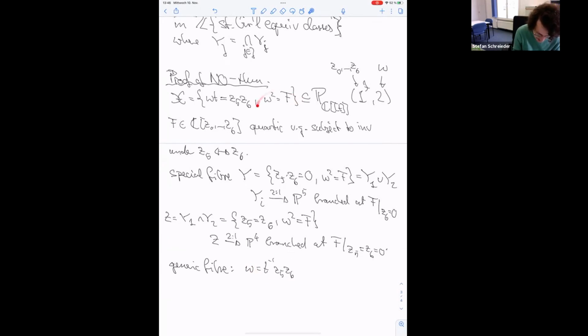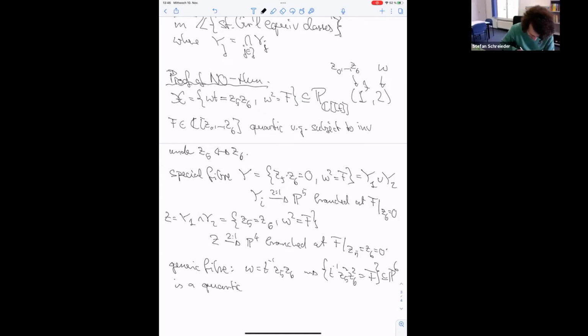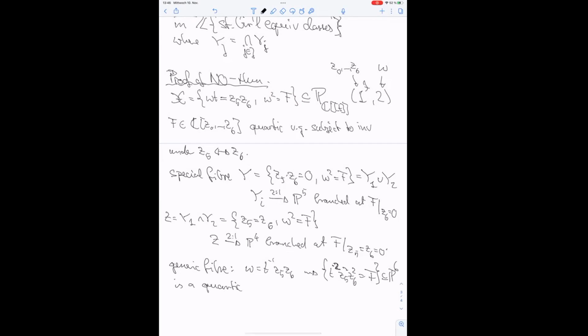And if we plug it in here, we get that it's just a quartic in P6. T to the power -2, right? Probably, yes. Exactly.